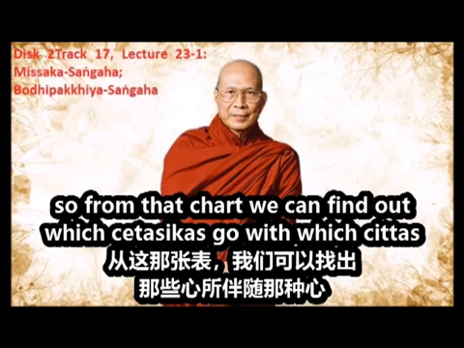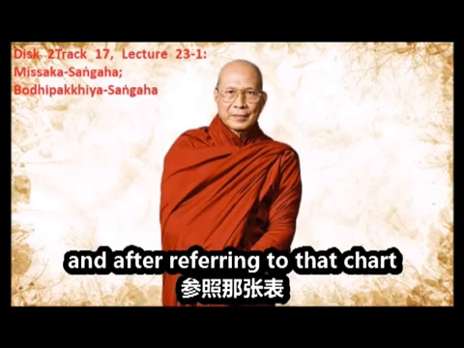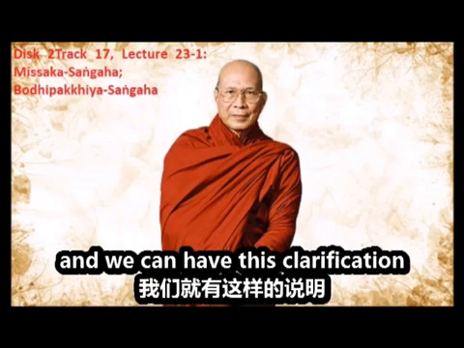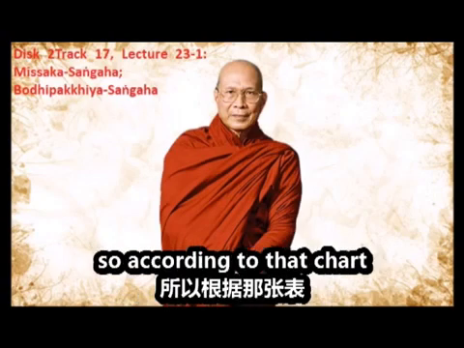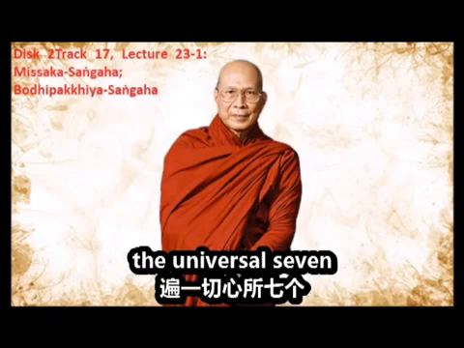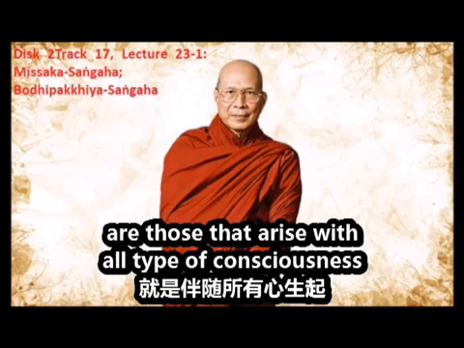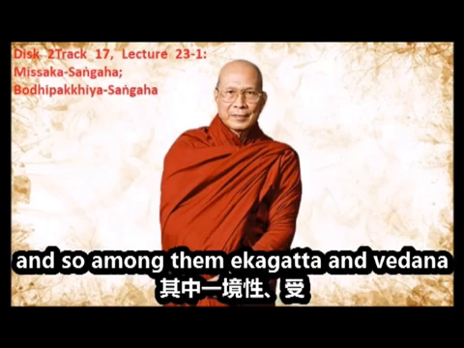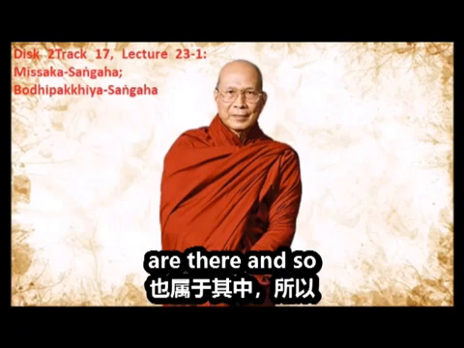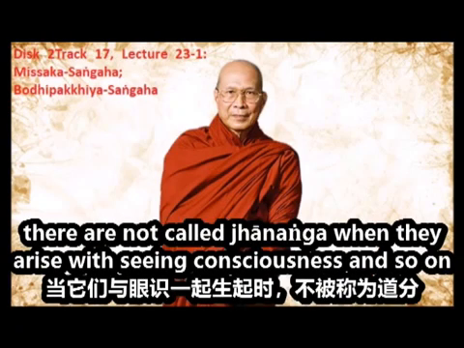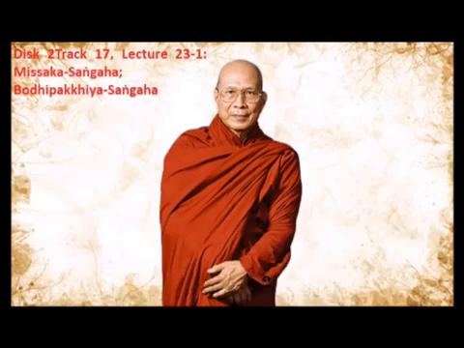After referring to that chart, we can have this clarification. According to that chart, the universal 7 are those that arise with all types of consciousness. And among them, ekagata and vedana are there, and so they are not called jhananga when they arise with seeing consciousness and so on.